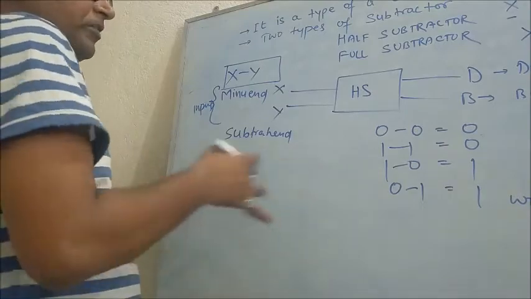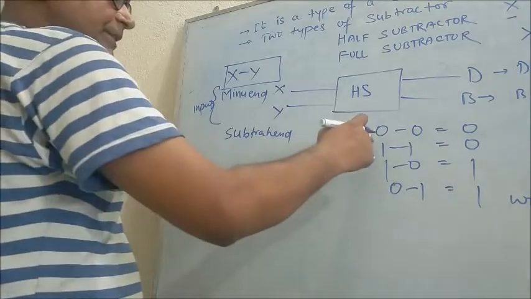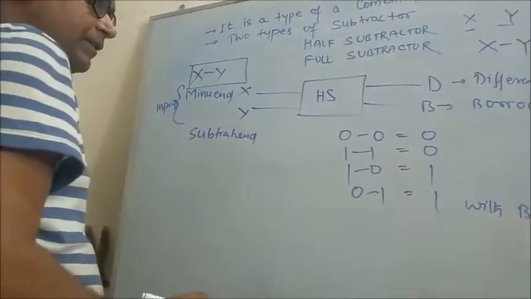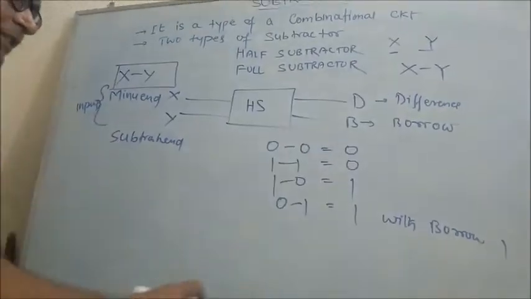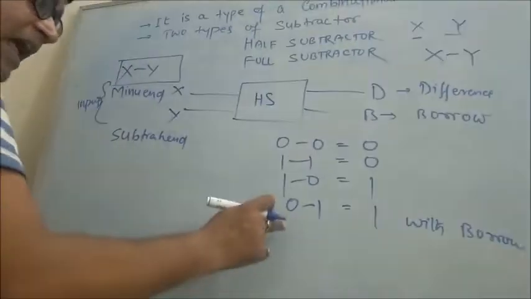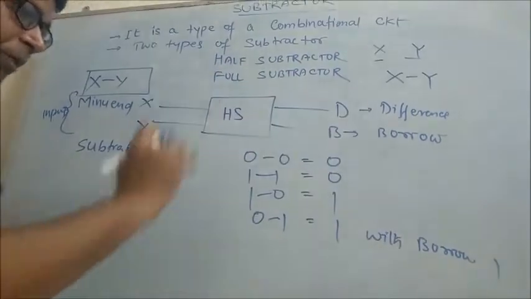So what you have deduced here: 0 minus 0 is 0, 1 minus 1 is 0, 1 minus 0 is 1, and 0 minus 1 is 1 with borrow 1.